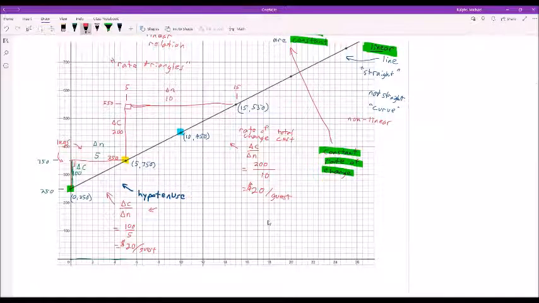And in this case, it's the rate of change of total cost for each guest. And that hypotenuse that I mentioned is actually the inclination of the line. And that inclination of the line is known as slope.